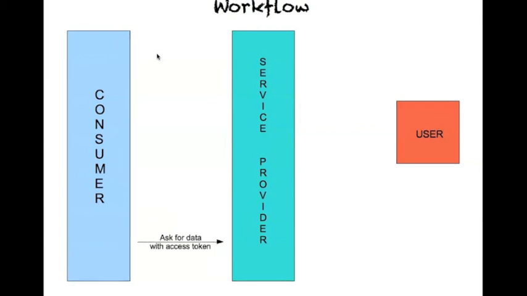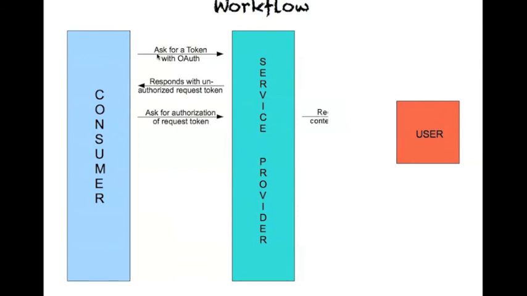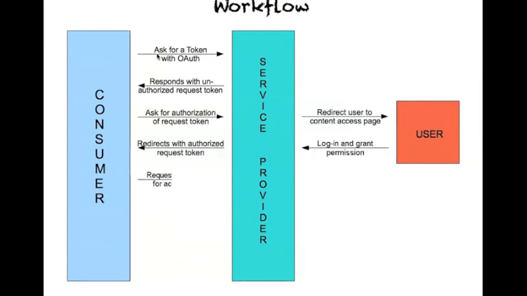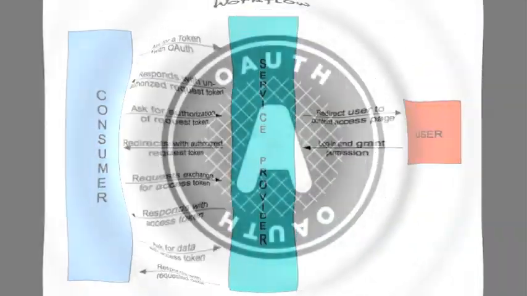This request contains the type of data that the consumer wanted and the value of the access token. The service provider will then process this and provide the consumer with the data that it requested. So this is the typical workflow of a consumer accessing data from a service provider via OAuth.